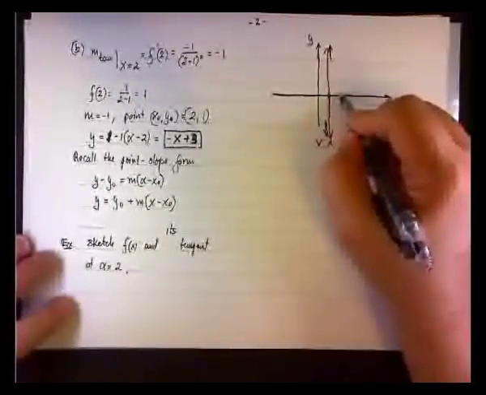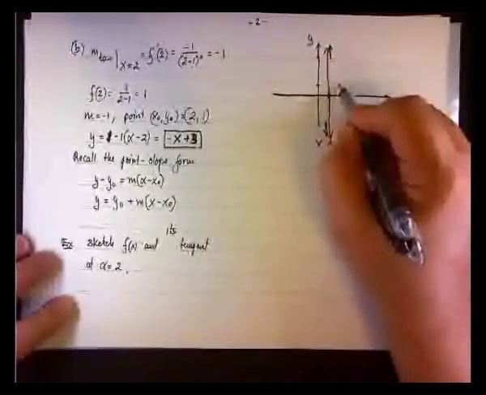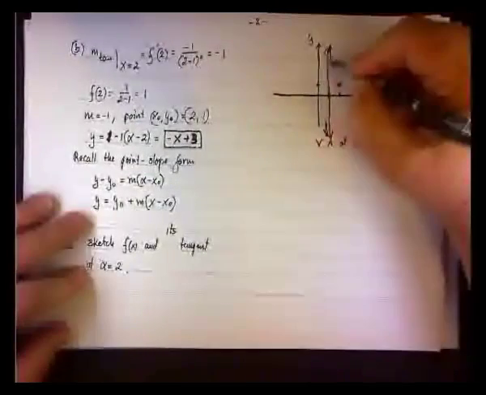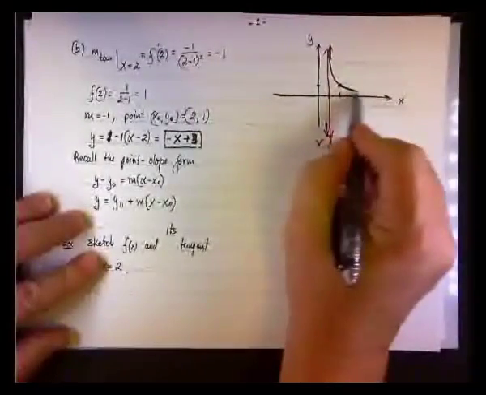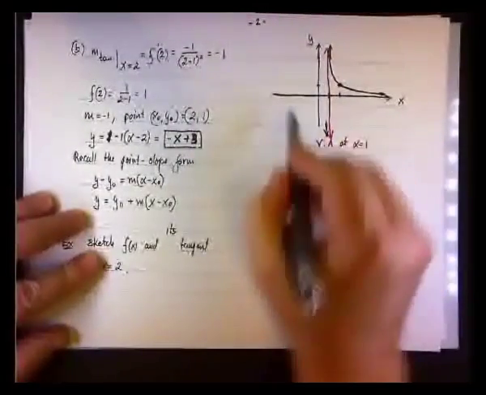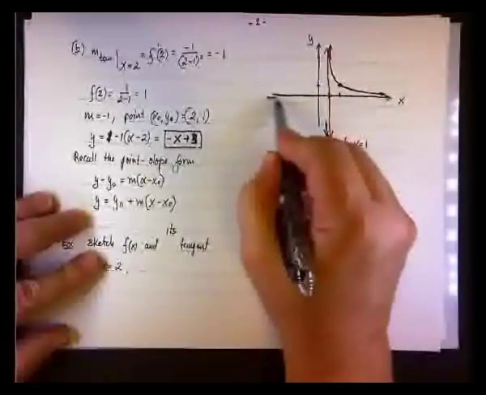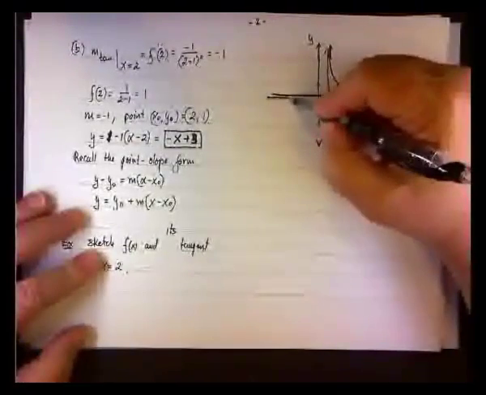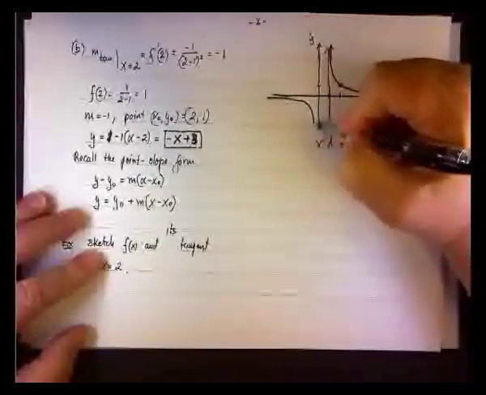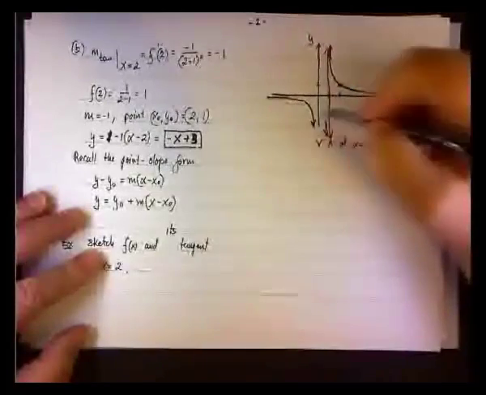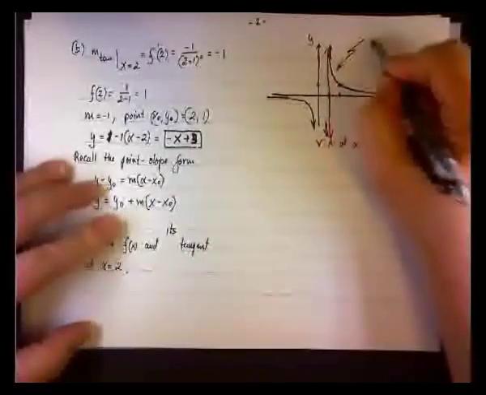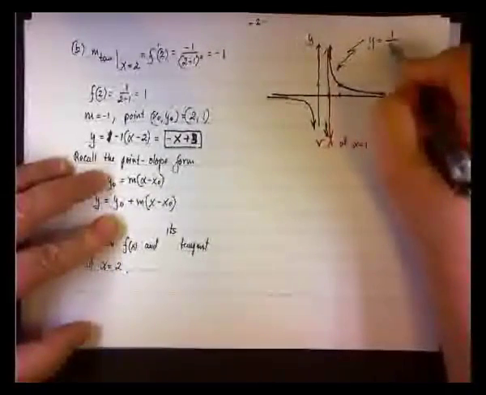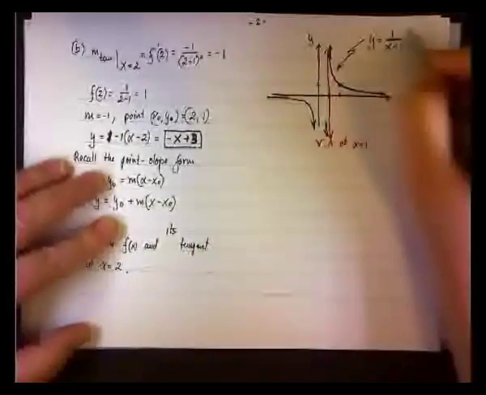So when x equals 2, y equals 1, so we have this point. So the graph passes through this point like so. And the mirror image will be on the left side of the asymptote, like so. Okay, so this is the function right there, y equals 1 over x minus 1.